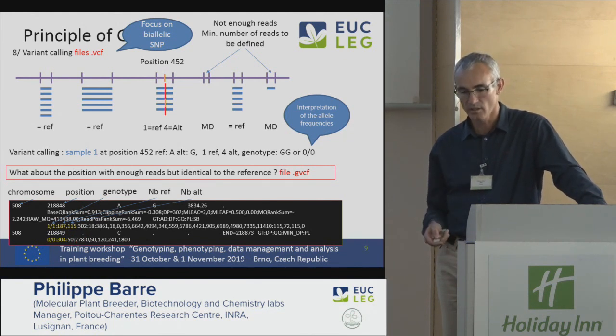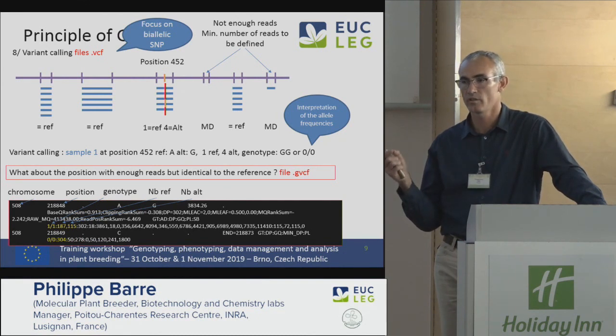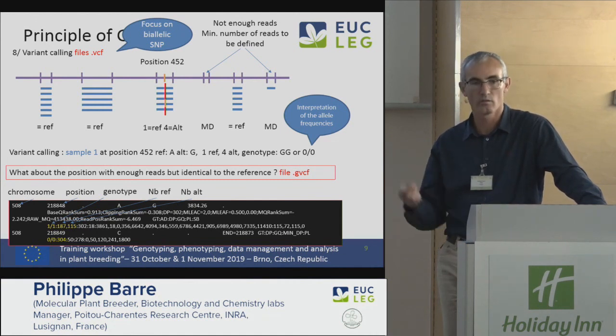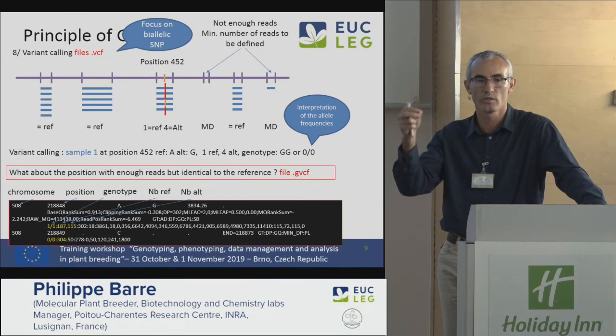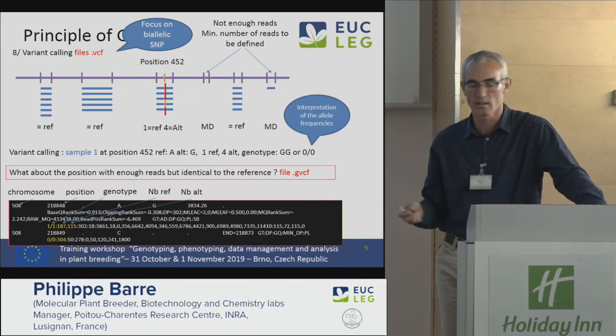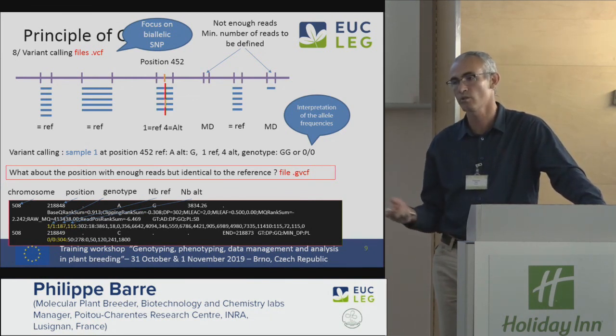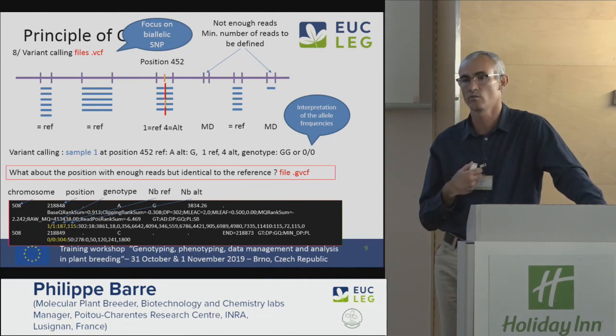So you see in this VCF file, you have all the information, you have the interpretation that you can use, if you trust it, if you have checked it's working, and you also have the raw data, you know how many reads for reference and alternative. And this is also something you can use, and you can make your own interpretation then.